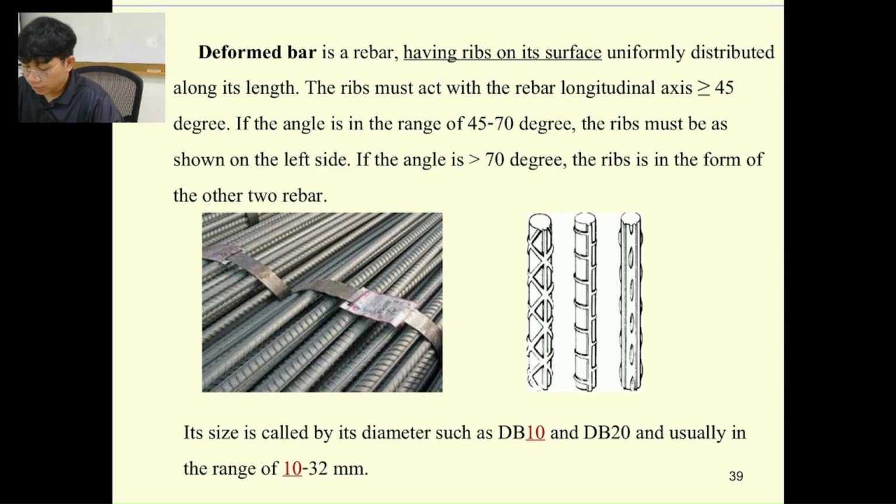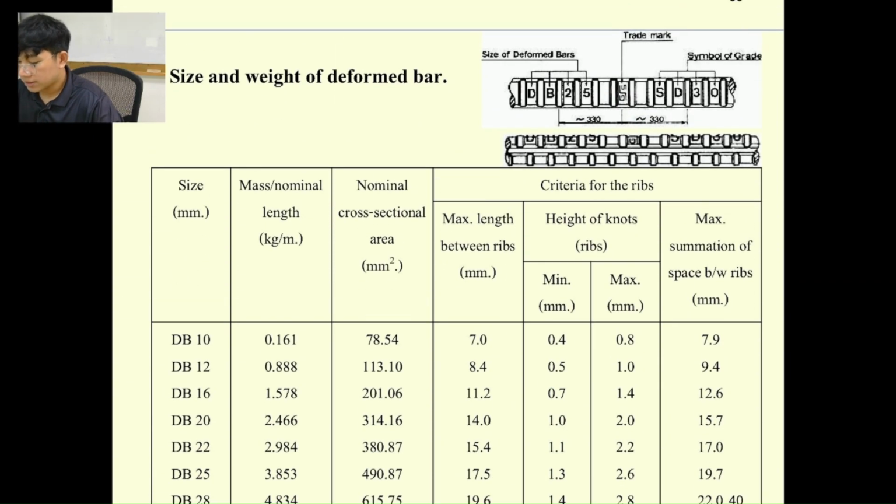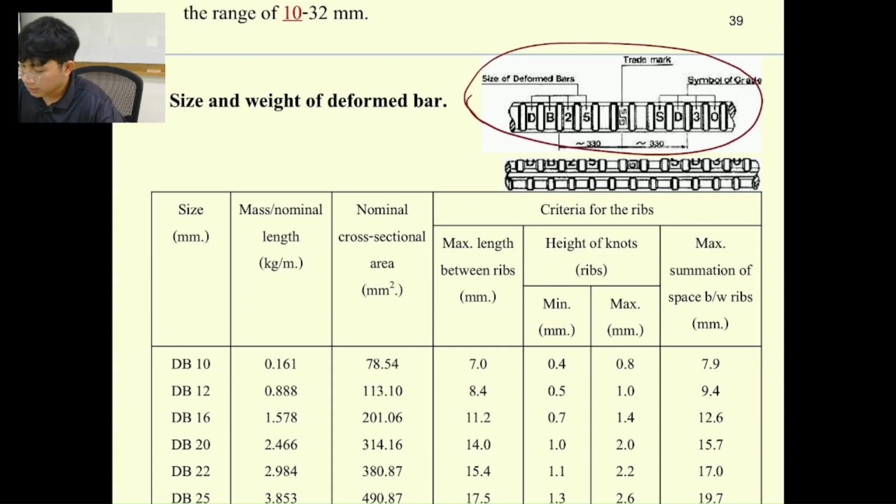For the deform bar, it's going to be the one with this shape. They also specify that the ribs are supposed to have an angle larger than 70 degrees. If you look over here, it says DB, which is the deform bar. 25 over here is the diameter, and then they have the trademark over here, and then SD30.